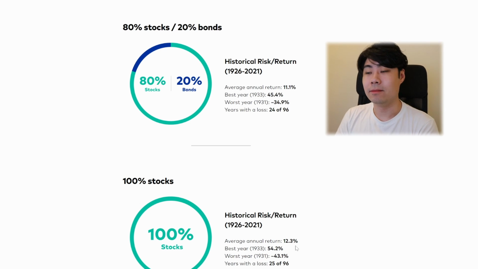Imagine the psychological aspect of this. If you're an investor and perhaps you're very new to the game, and in 1 year you lost a third of your portfolio. If you invested $10,000, you lost $3,500 already, or more than that. If that's the case, it's going to have a significant impact.